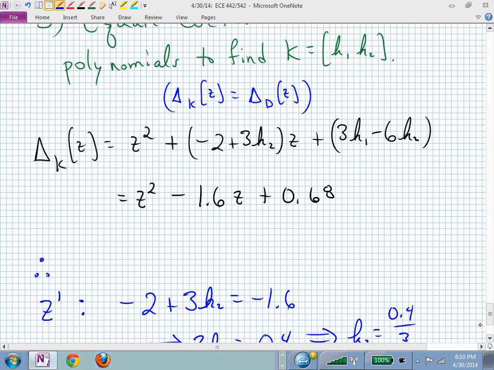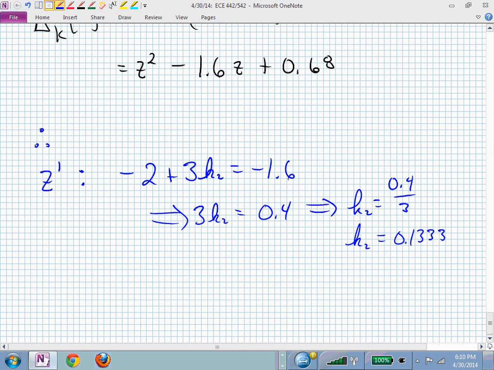Is that clear? Depending on how the coefficients end up resulting with your determinant, you might have a k1 in that z coefficient. And if that's the case, then you're going to have two equations and two unknowns to solve for. Here we sort of lucked out.